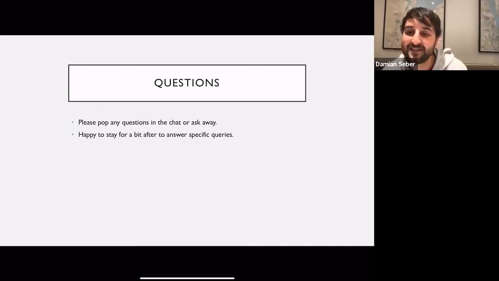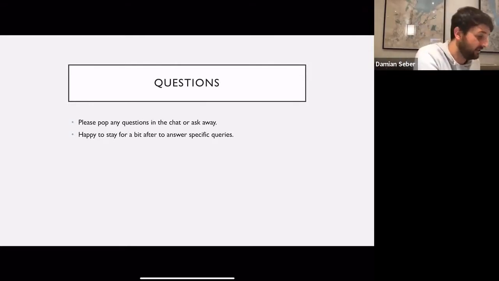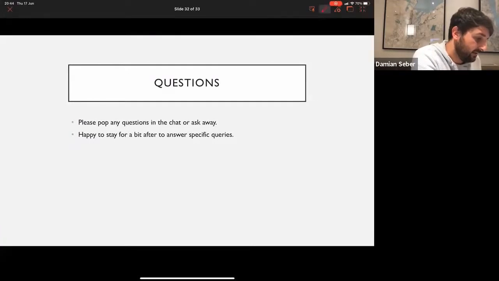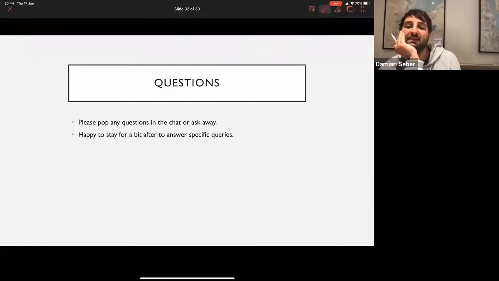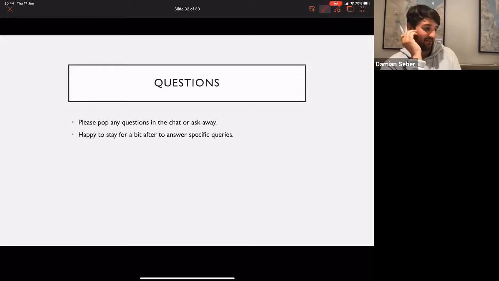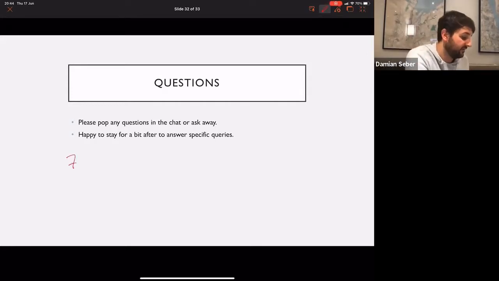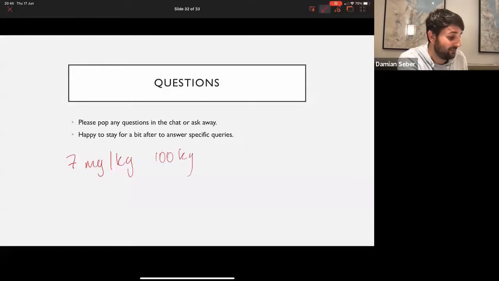Rapidly go over drug calculations. Basically with your drug calculations, say an antibiotic dose is 7 milligrams per kilogram and somebody weighs 100 kilograms, a big person.